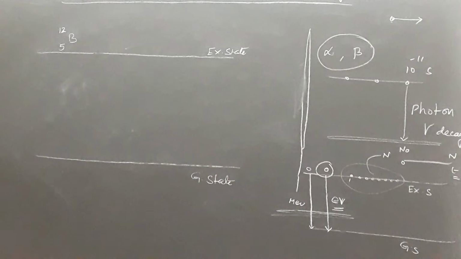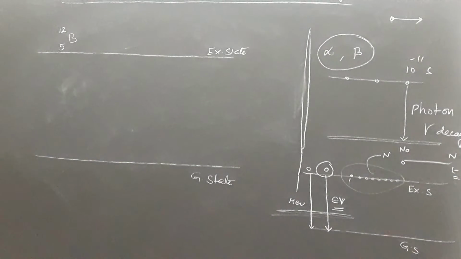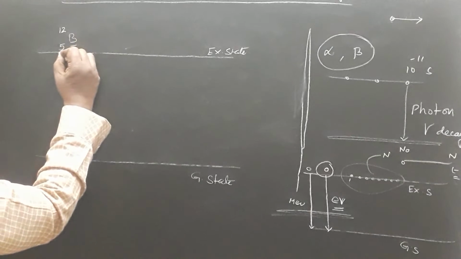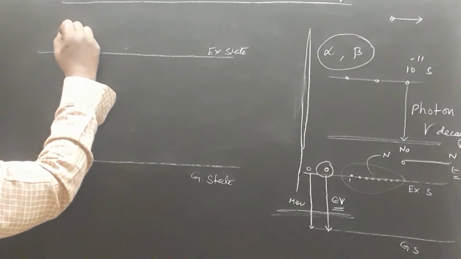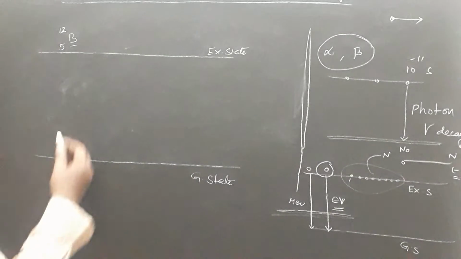Now, this boron undergoes beta decay. It is very easy: boron with atomic mass number 12 becomes carbon with the same mass number.